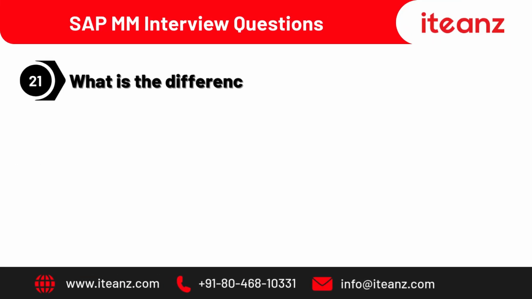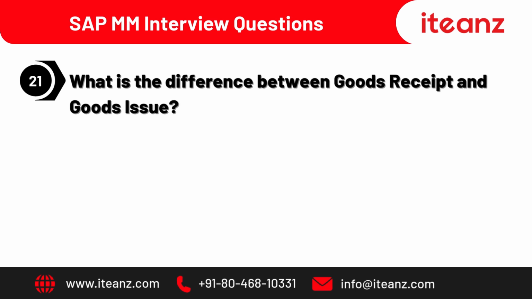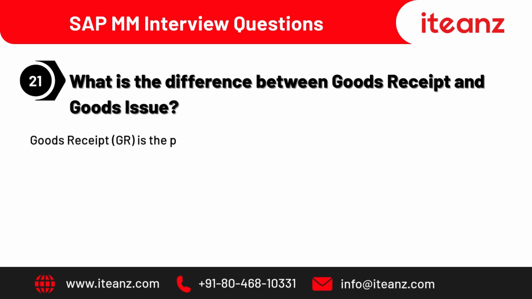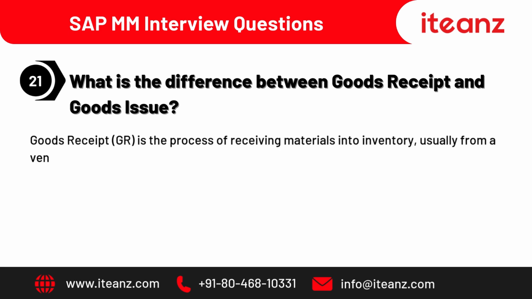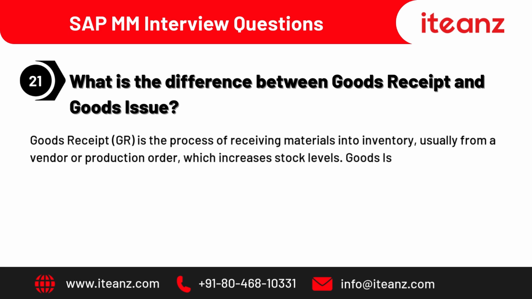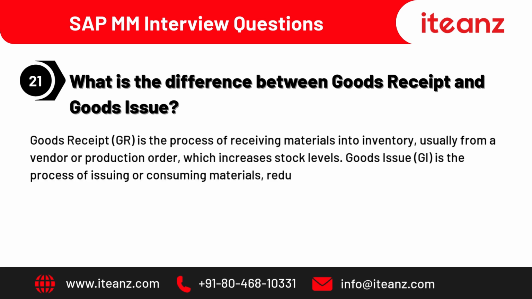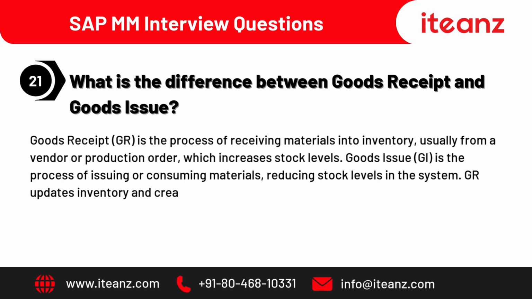What is the difference between goods receipt and goods issue? Goods receipt, or GR, is the process of receiving materials into inventory, usually from a vendor or production order, which increases stock levels. Goods issue, or GI, is the process of issuing or consuming materials, reducing stock levels in the system.